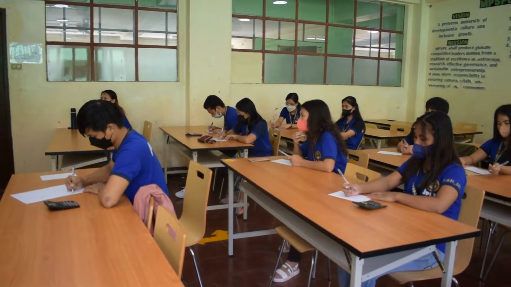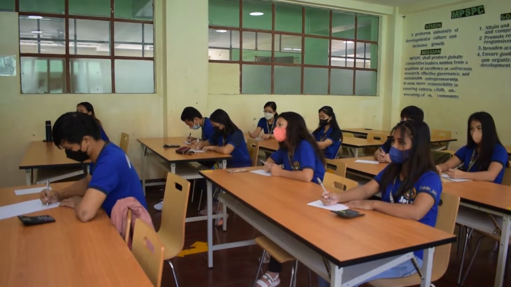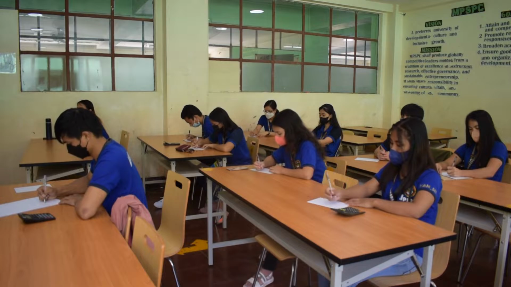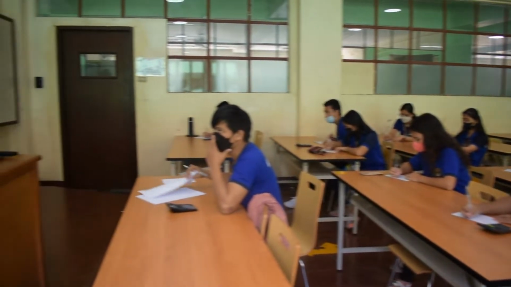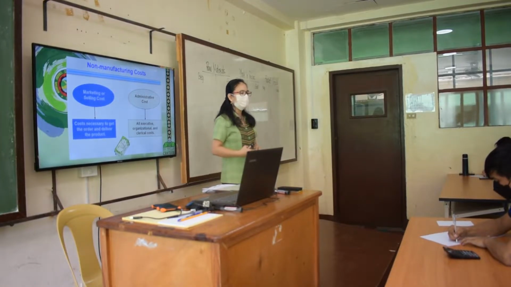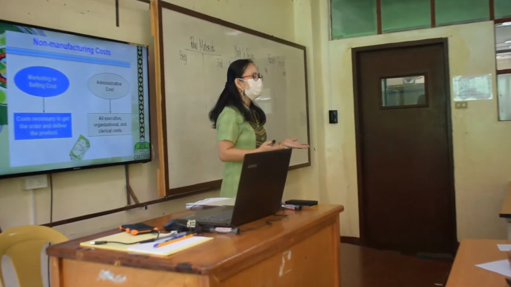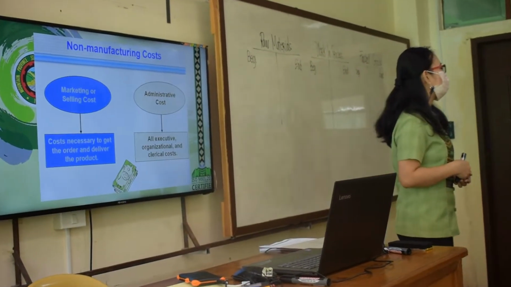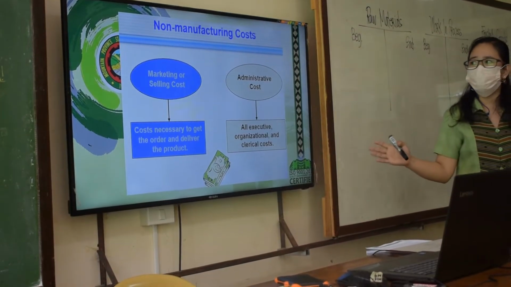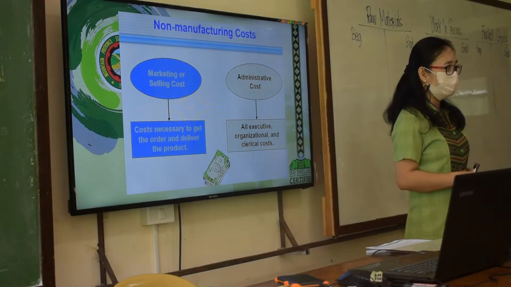So what about non-manufacturing cost? We've been talking about manufacturing cost. Now we deal with non-manufacturing cost. Non-manufacturing costs are always incurred, not only the manufacturing costs, for companies like merchandising and manufacturing companies earning profit. So they will definitely be incurring marketing or selling costs and other administrative costs.